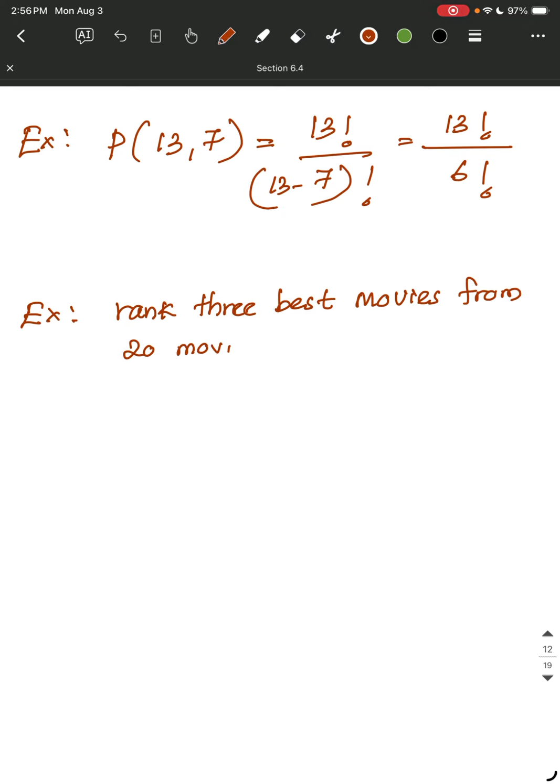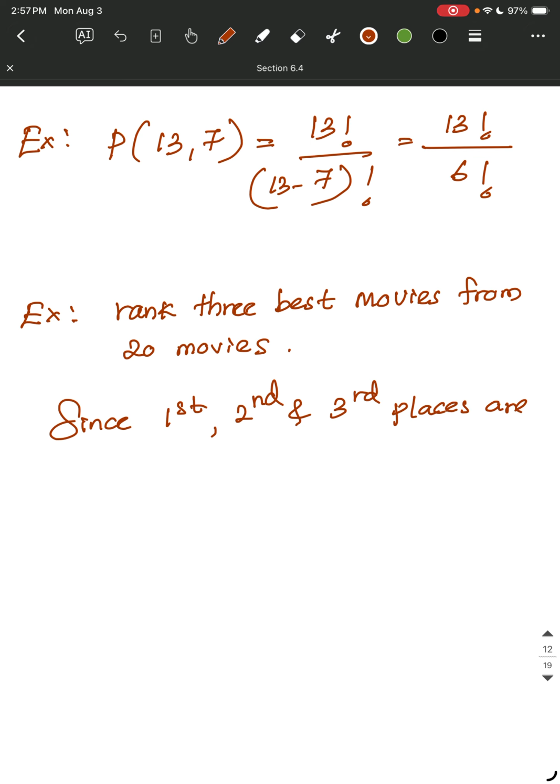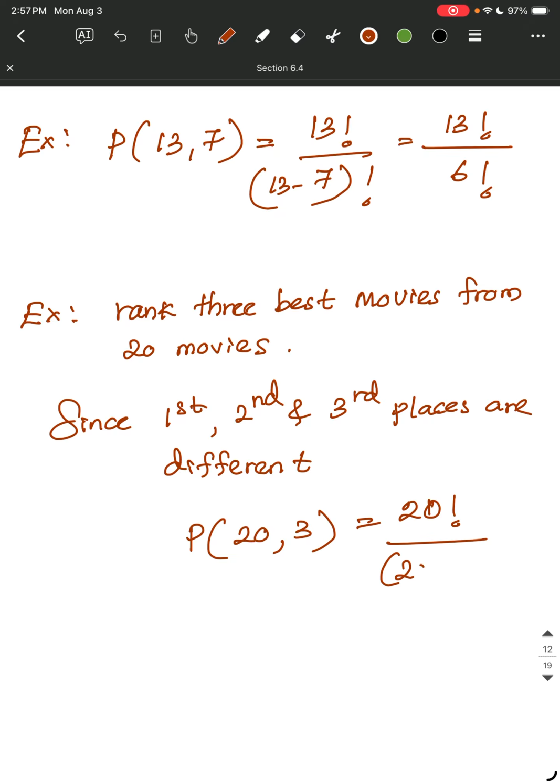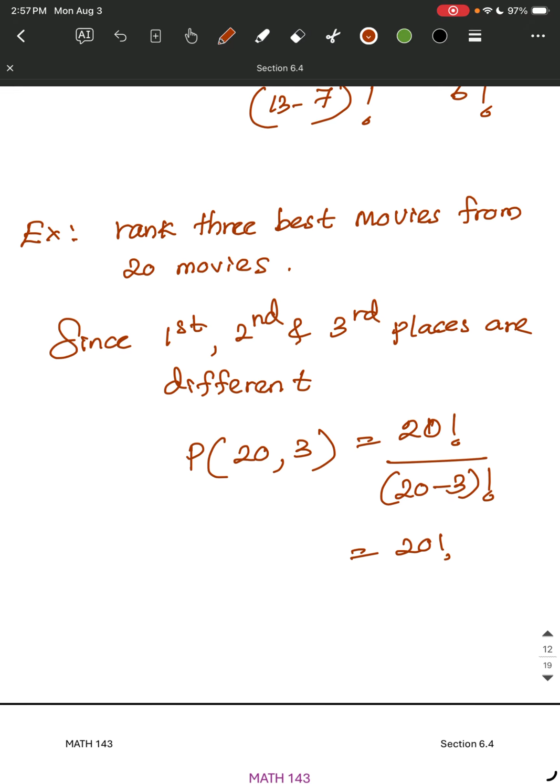Since first, second and third places are different, permutation, select 3 out of 20. 20 factorial over (20 minus 3) factorial. Simplify the answer.